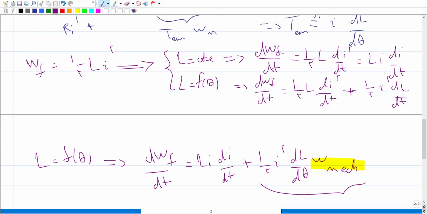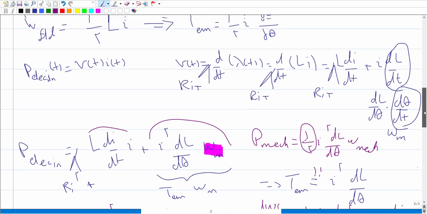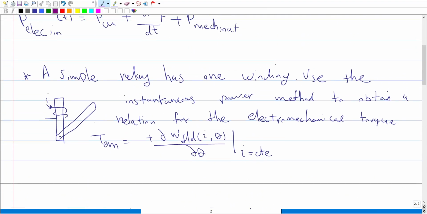In case L or L's are constant, as is the case for the Krause primitive machine, then you can say that every term which has omega mechanical corresponds to mechanical power. But for several situations, like this simple example, this is not the case. Thank you for your attention.